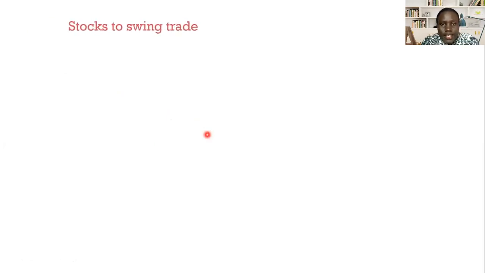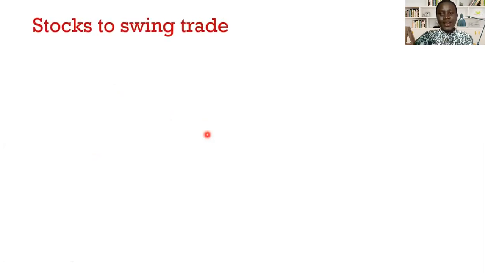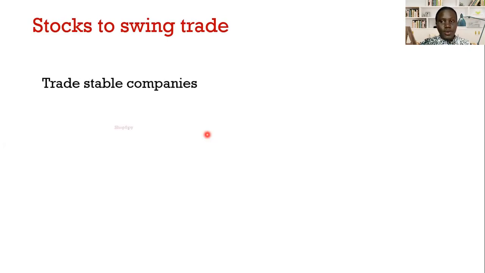Stock to swing trade. Before you do any swing trading, you need to know what are some of the companies you want to put your money in and for how long. Most swing traders do short-term trading, which means they can either go short or long on stocks, but for a maximum of 2 weeks.